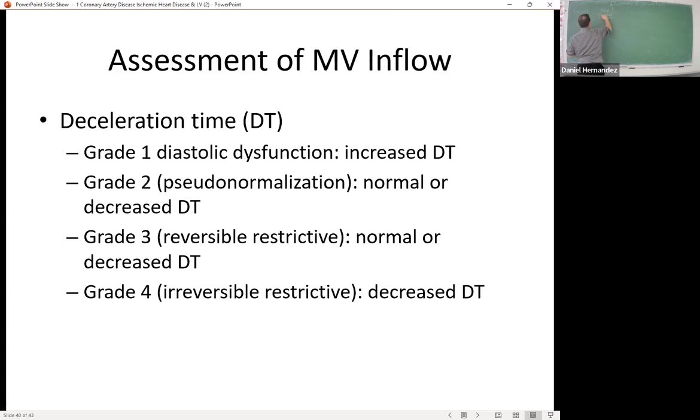This is our most mild stage of diastolic dysfunction, when things are starting to get going. Stage 2 is referred to as pseudo-normalization. We're going to see in a moment why they call it pseudo-normalization.